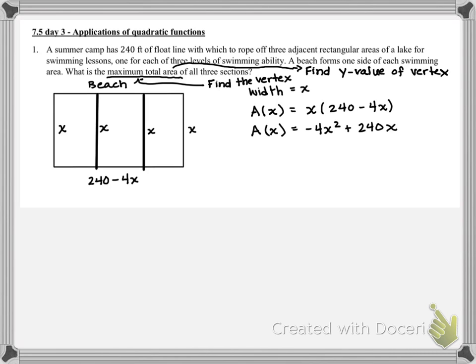So our vertex formula is x equals negative b over 2a. So x equals negative 240 over 2 times negative 4, which is 30. Oh, one thing I did want to show you guys.